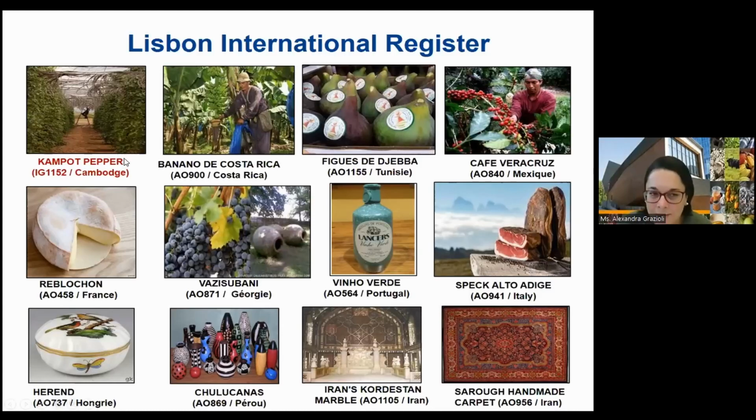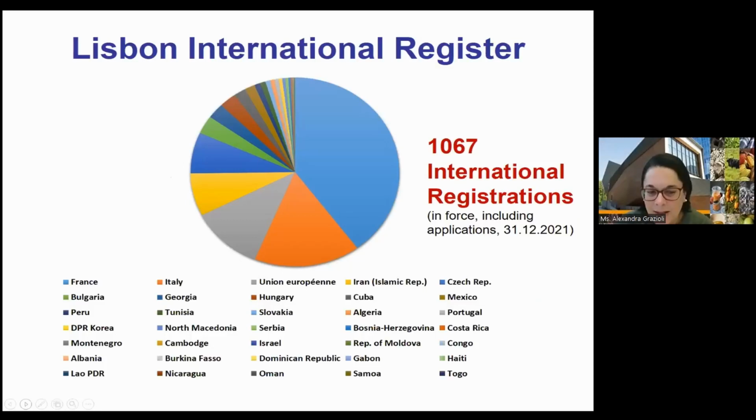And we have Kampot pepper protected as a geographical indication under the Geneva Act. Kampot pepper from Cambodia was indeed the first geographical indication protected under the Geneva Act, and the first GI as such protected in the Lisbon system.